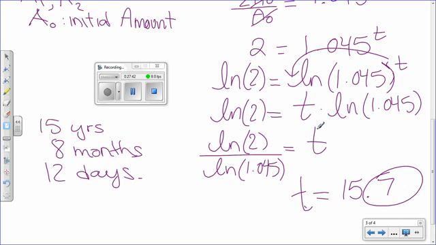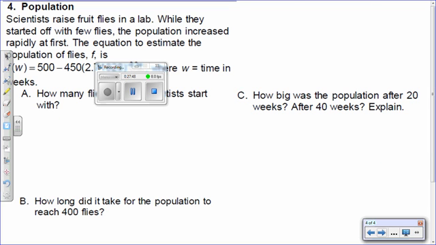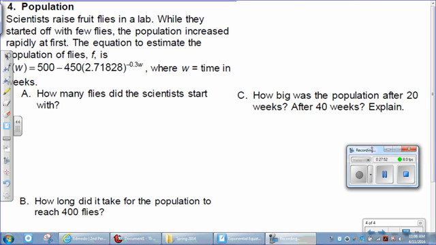All right, let's go and try to get the last problem done, the fourth one. So this is about population, and we have scientists raise fruit flies in a lab. While they started off with new flies, the population increased rapidly at first.